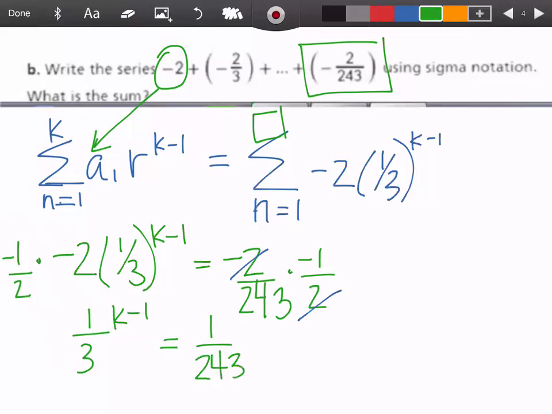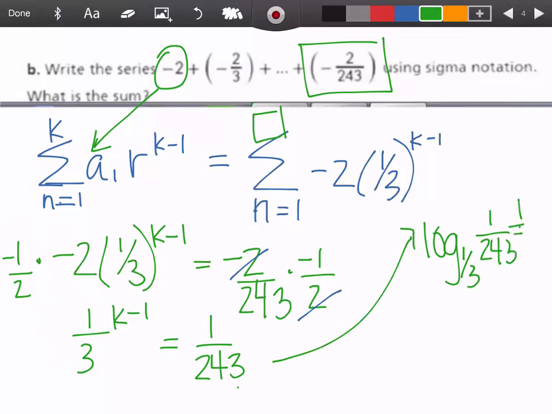Now to figure out what k is, we can either graph this, or since we're trying to solve for an exponent, switch it to log form. We have log base 1/3 of 1 over 243 is equal to k minus 1.